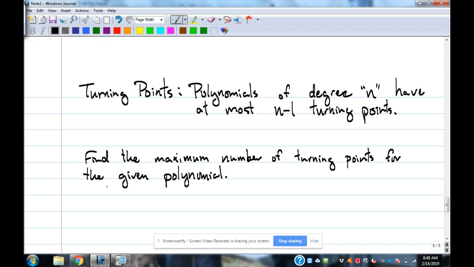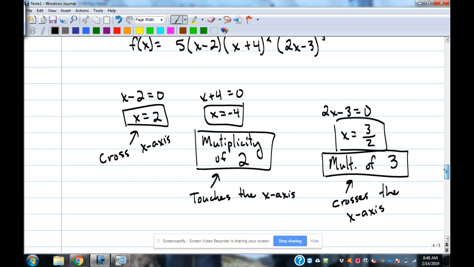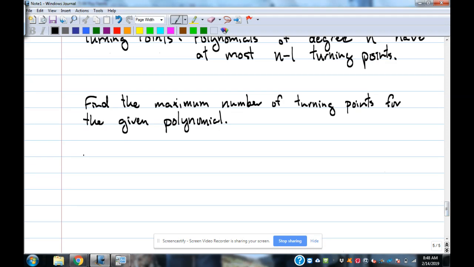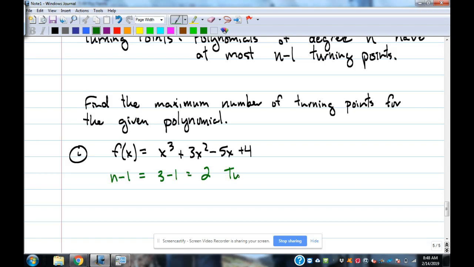The easiest thing we do, you take the degree and subtract 1. So f of x is equal to x cubed plus 3x squared minus 5x plus 4. N minus 1, 3 minus 1 equals 2 turning points.